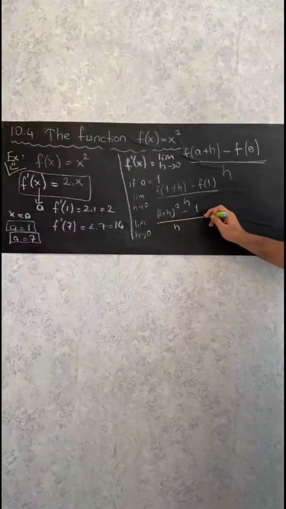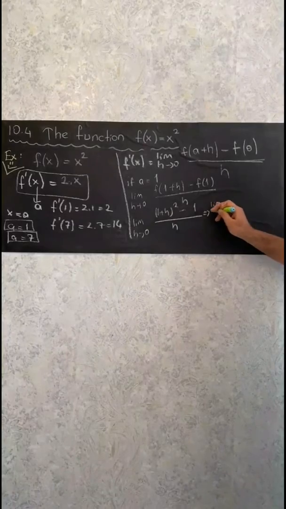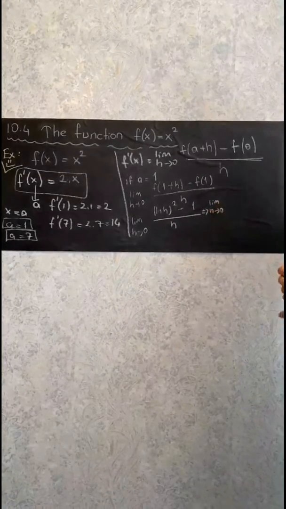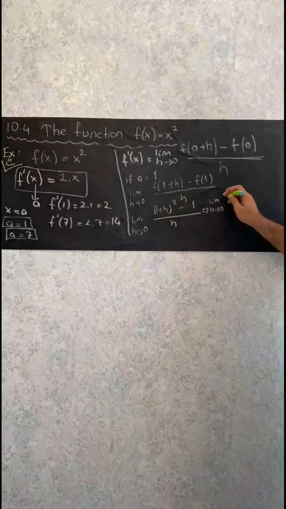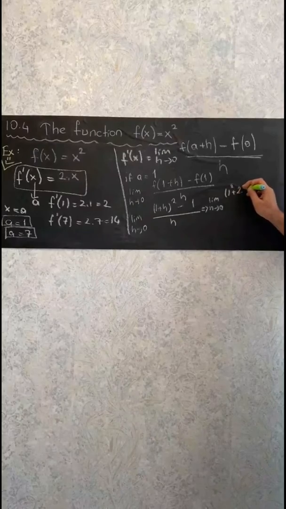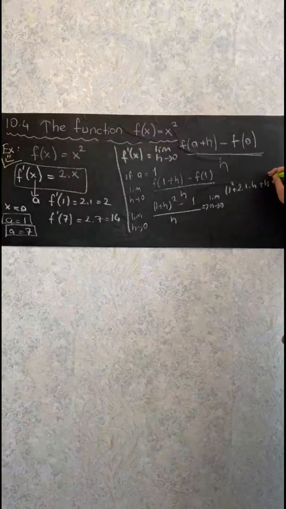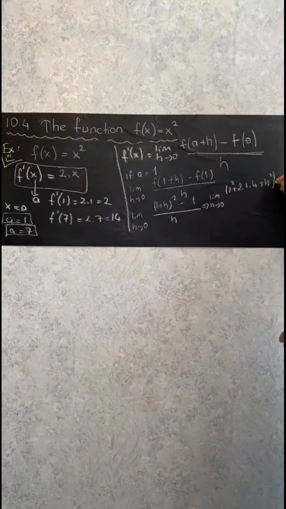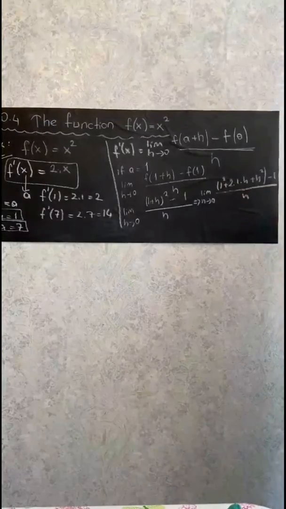Now the limit as h approaches 0. 1 plus h squared, by the square rule, is first number squared plus 2 times first number times second number plus second number squared, minus 1, over h.